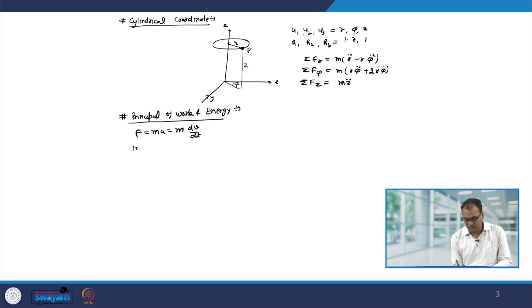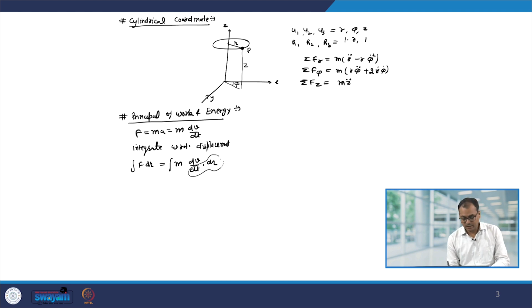We integrated this with respect to displacement. So, we have integral F dot dr equal to integral m dV by dt dr, but dr by dt is nothing but velocity. So, we have integral from 1 to 2 of F dot dr equal to m times the integral from v1 to v2 of v dv.